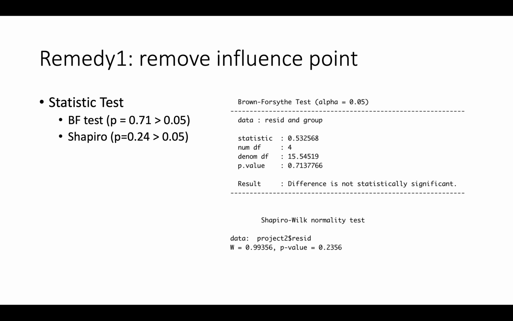So in this case, since both tests show that the dataset follows the constant variance assumption and the normal distribution assumption, there's no need to apply data transformation methods to this dataset.